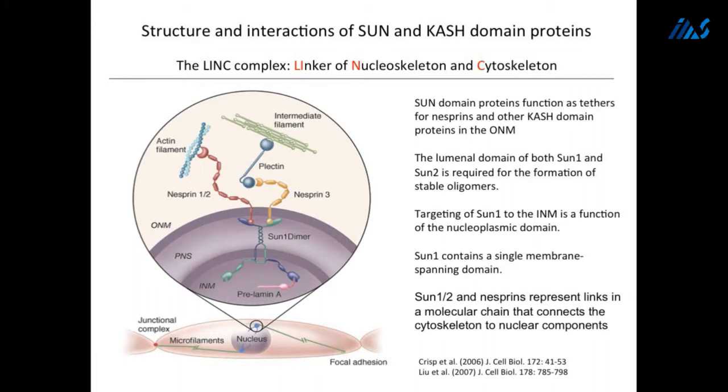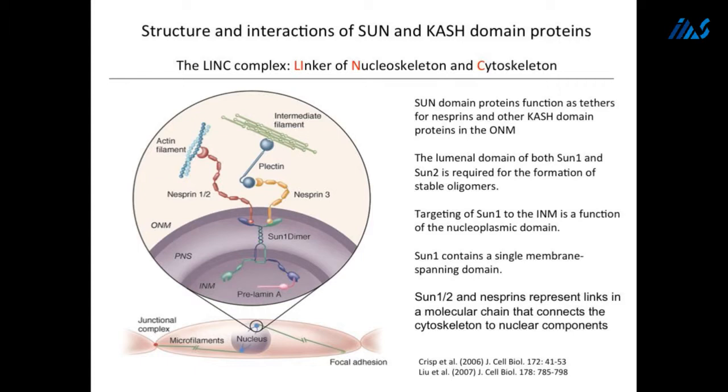Okay. Well, instead of boring you with a lot of experimental data about this, we were able to confirm that both SUN1 and SUN2 do indeed function as transluminal tethers for outer nuclear membrane nesprins. We also know that SUN1 and SUN2 interact with components of the nuclear lamina.